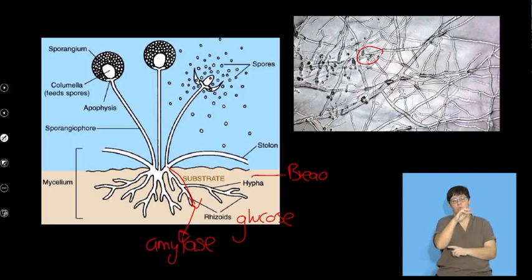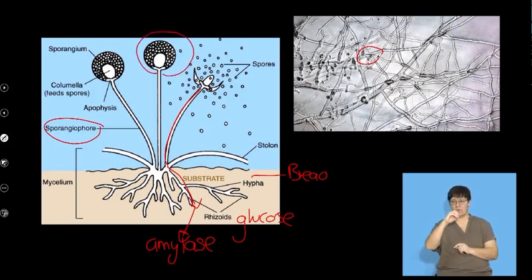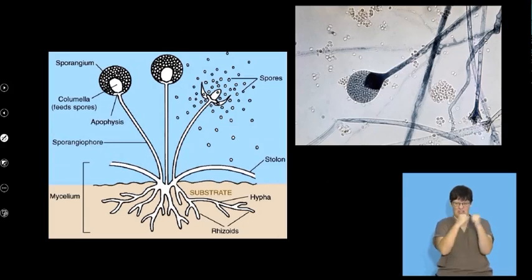And I don't know if you've ever seen the dark colors on bread mold. It has something like a stem, but it's not a stem. We call it a sporangiophore, because at the very top there's usually a big black structure. I want to show you over here. If you look under the microscope, there's a big black structure at the top, and inside there we've got spores.